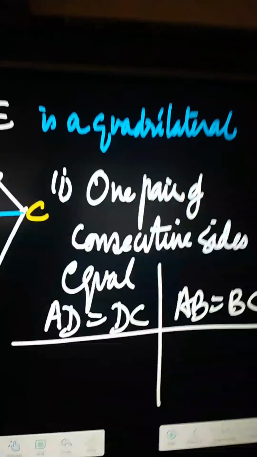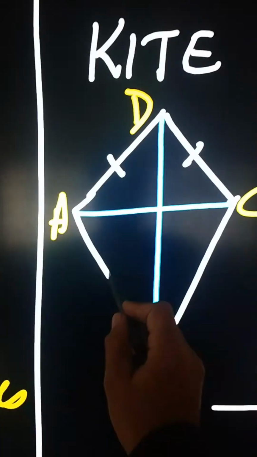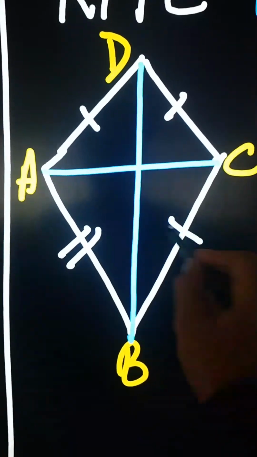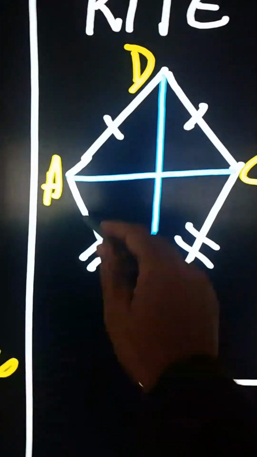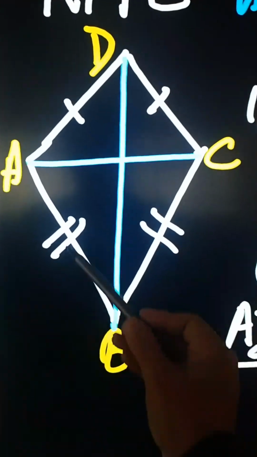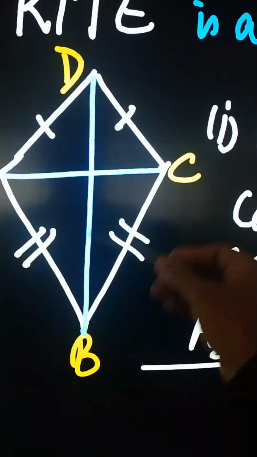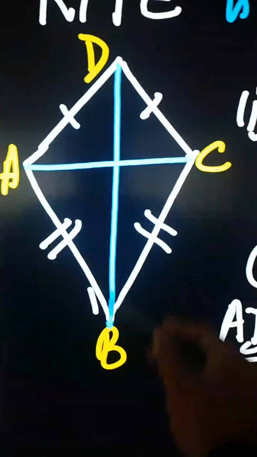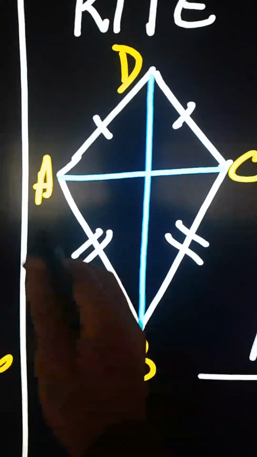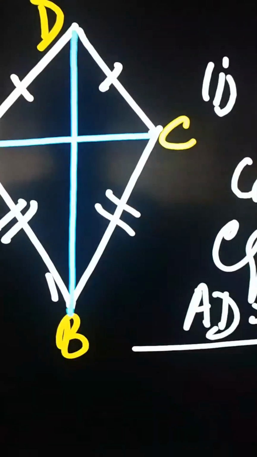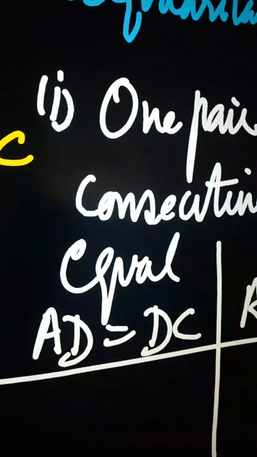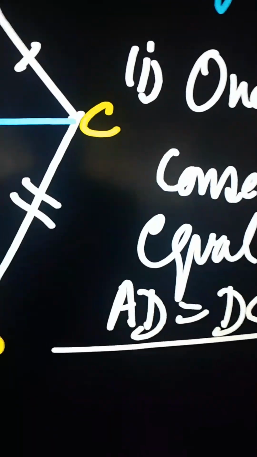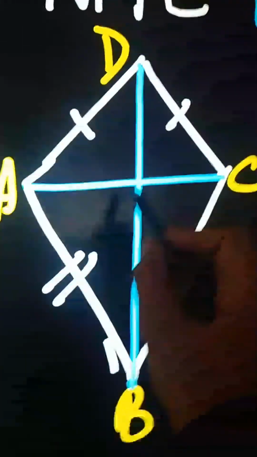It has only one pair. So this side is equal to this side. Consecutive means they are not opposite. They come one after the other. So it has one pair of consecutive sides equal. And the second property is the diagonal.